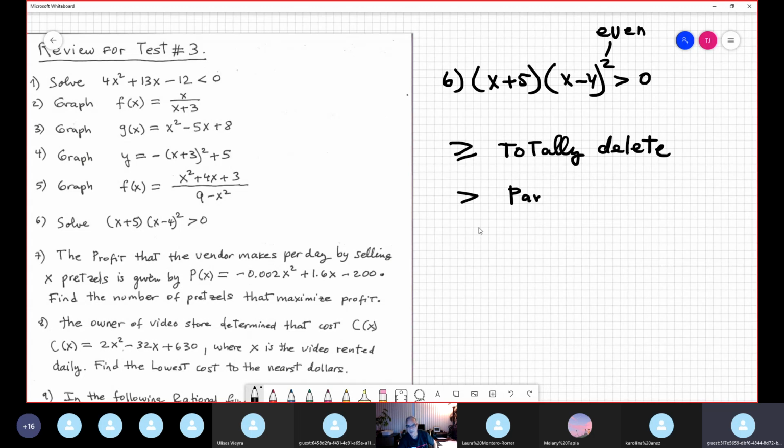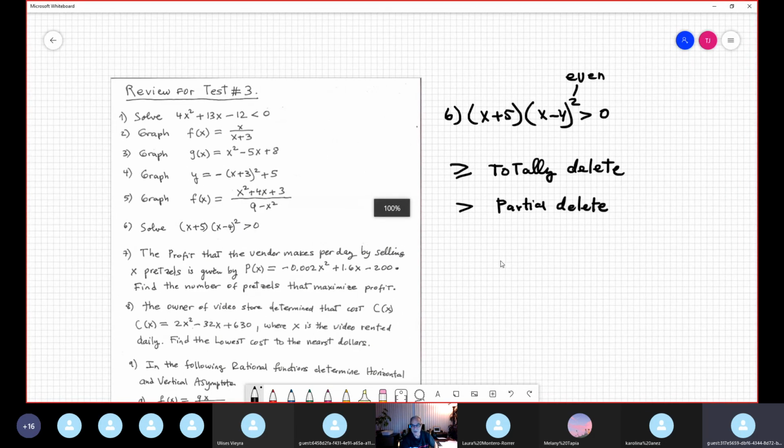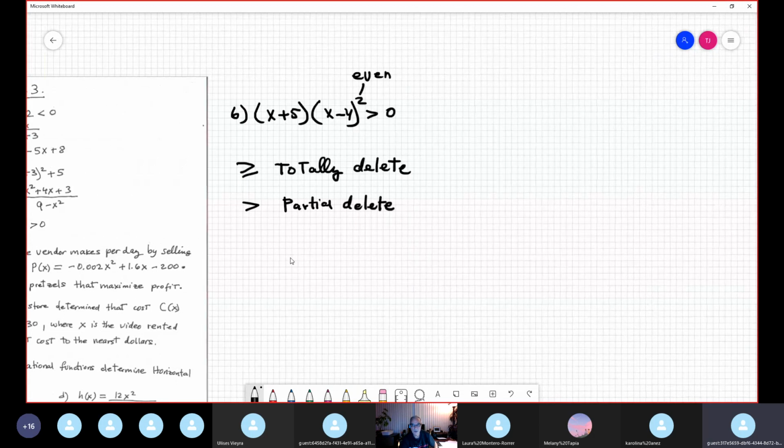And what does partial mean? Well, partial means that our inequality is equivalent to saying x plus 5 greater than 0, and temporarily you ignore that factor. However, you put an and conjunction, and this is the partial delete: x not equal to 4.